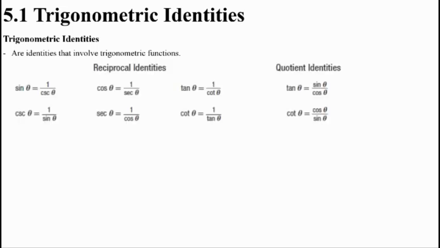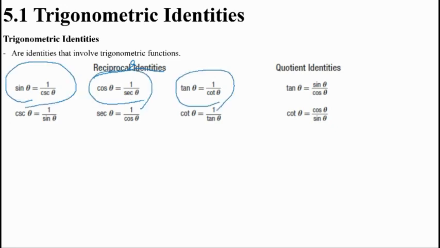So we have reciprocal identity, upside down, right? Sine is 1 over cosecant, cosine 1 over secant, tangent 1 over cotangent.